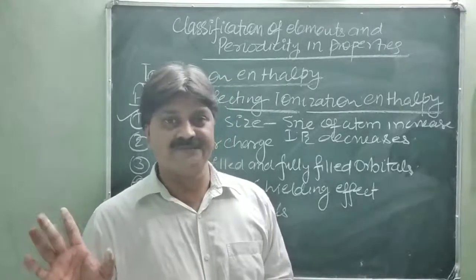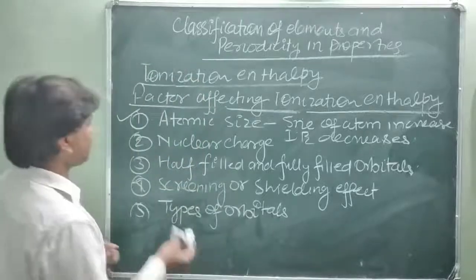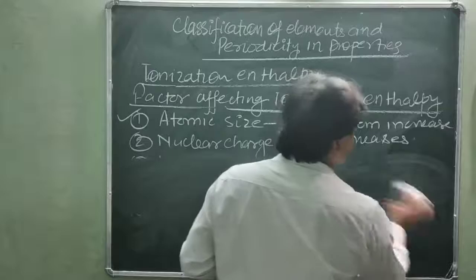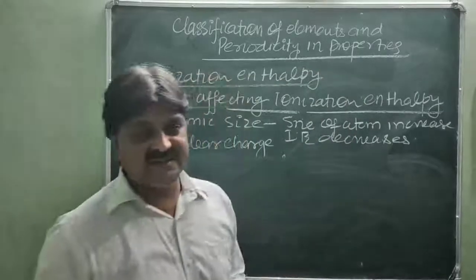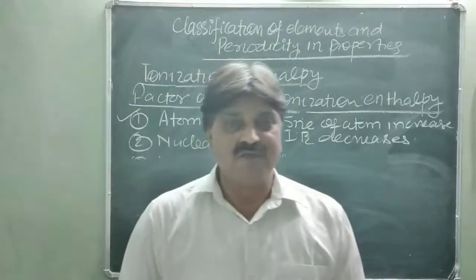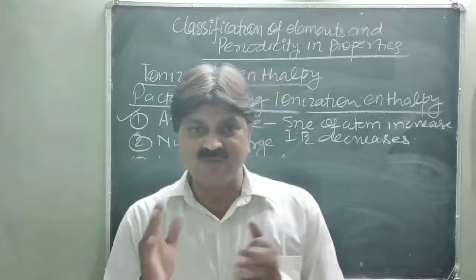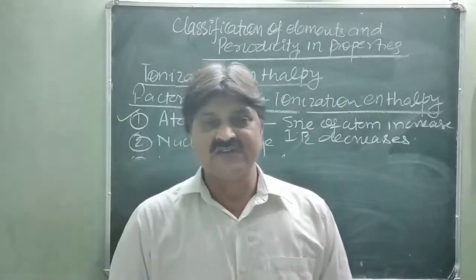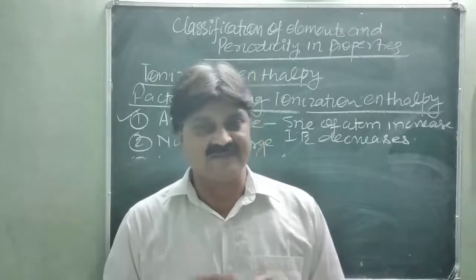This is the factor. Next one we are coming to is nuclear charge. As you know, nuclear charge increases. How does nuclear charge increase on the nucleus? Whenever an electron is released from the outermost shell. Consider an element A having 6 protons and 6 electrons.